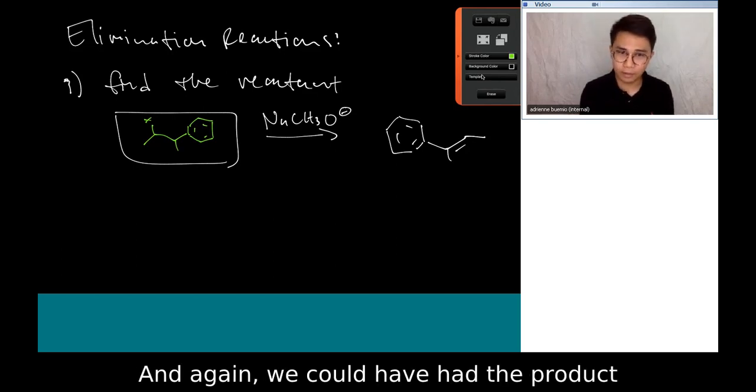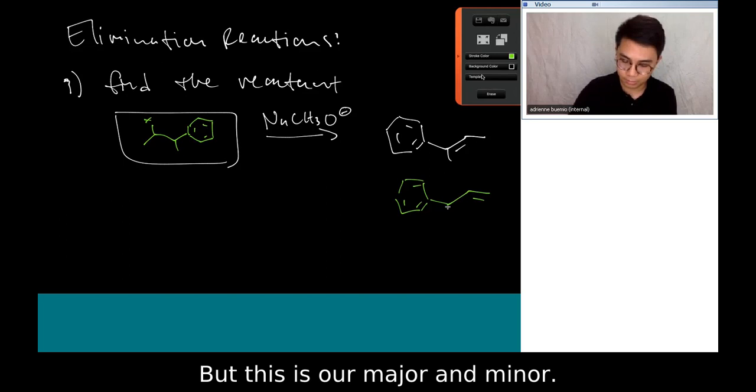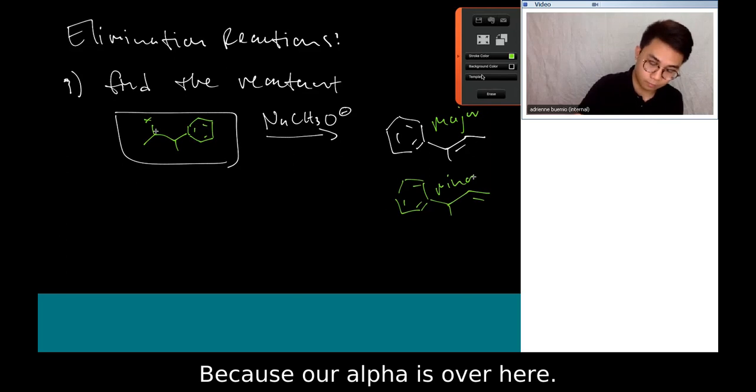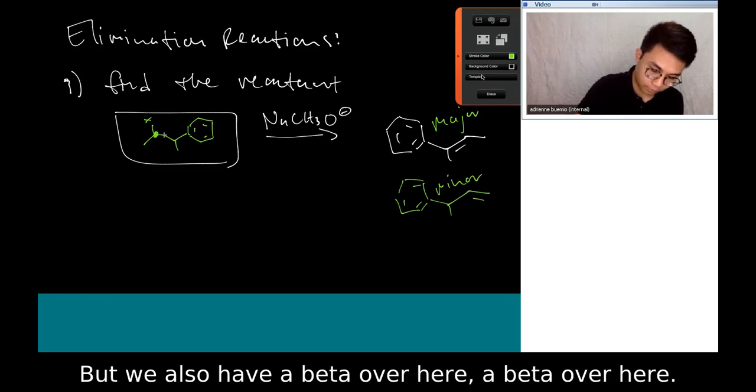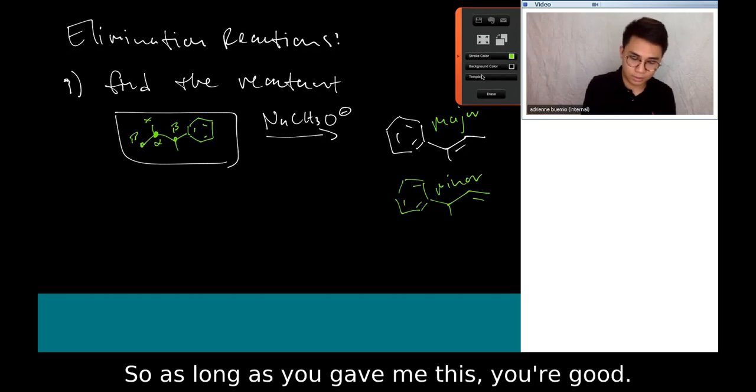And again, we could have had the product or we could have had this as well, right? But this is our major or minor because our alpha is over here, but we also have a beta over here, a beta over here, right? So as long as it gave me this, you're good, right?